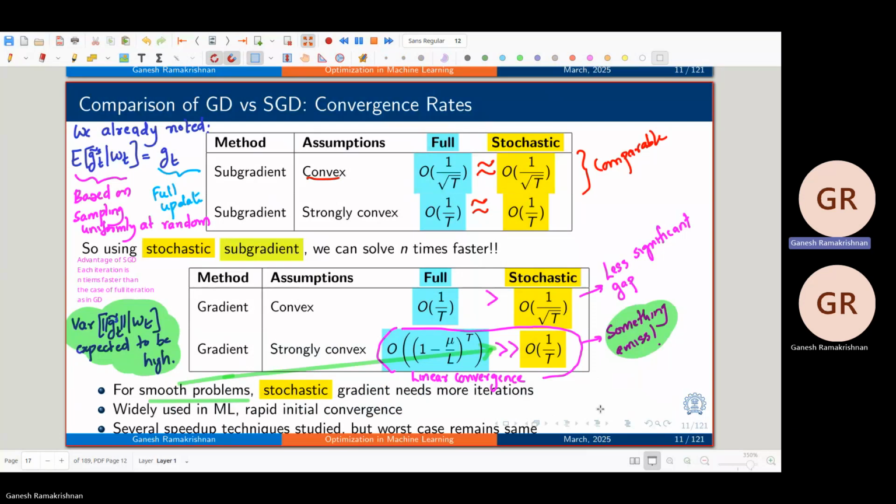So motivation two, we'll just call it mini batch, often MB. Motivation two for mini batch is the gap in case of gradients.